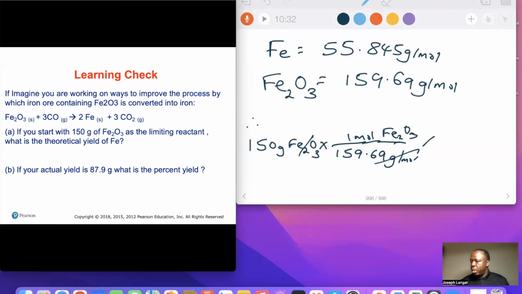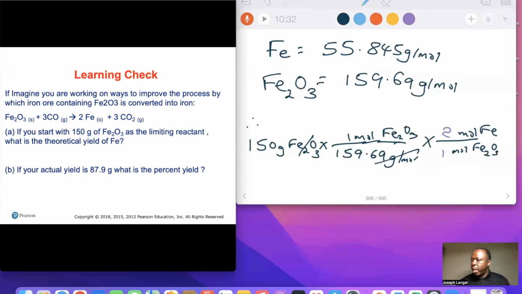We are relating the iron to iron(III) oxide. So here, the mole ratio for moles of iron(III) oxide to moles of iron, if you look at what I'm looking at here, it is 1 to 2. So for every 1 mole of iron(III) oxide consumed, 2 moles of iron are produced.